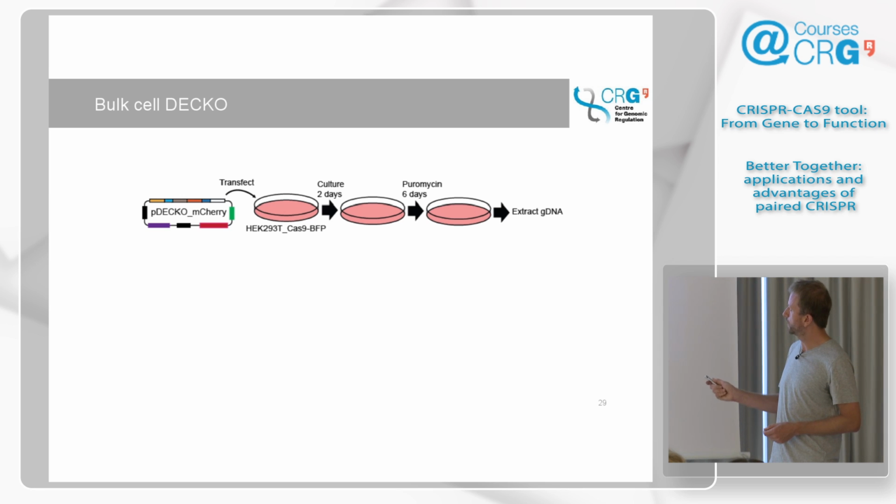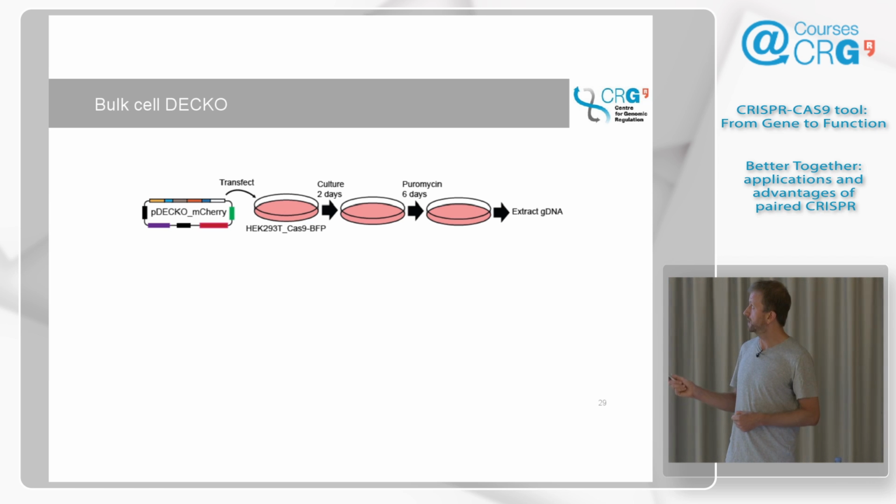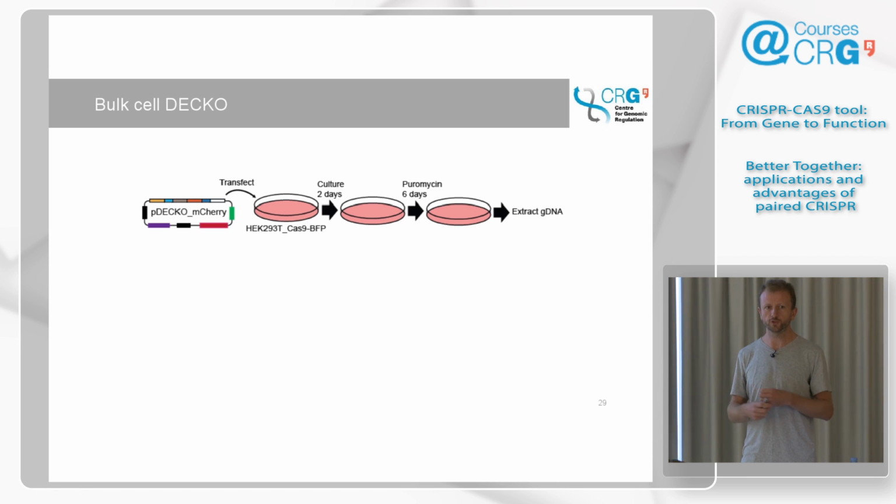We culture the cells for a while, then select to remove the non-transfected cells in the mixture. After a few days of selection, we directly extract the genomic DNA. We're not doing any sorting, we're not trying to choose the homozygous knockout cells. We're more interested in looking at what efficiency the deletion is actually giving us.